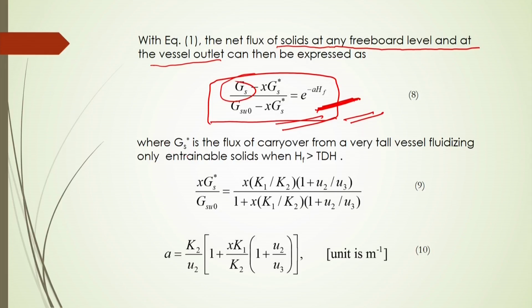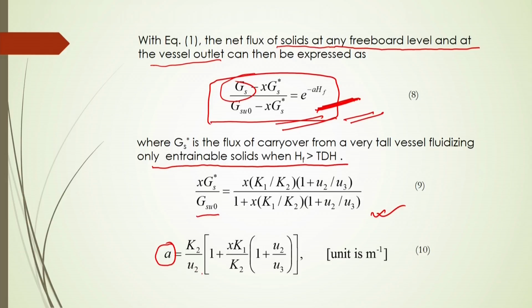In this case G A star is one important parameter, which is represented as the flux of carryover from a very tall vessel fluidizing, that will only entrain solids here when A shape is greater than T D S. So, x G A star by G A 0 will be equal to this, and A is some constant.